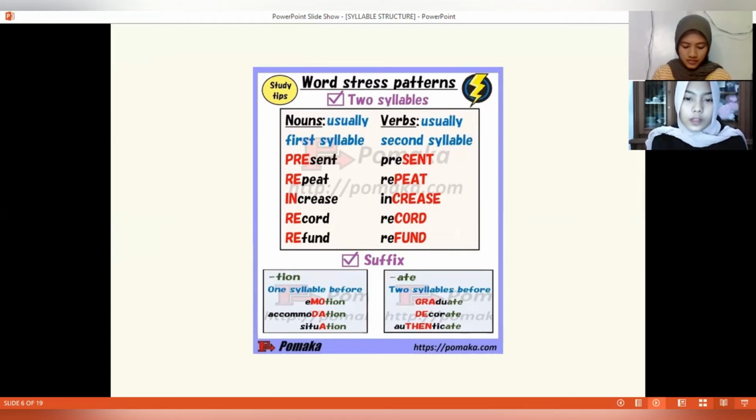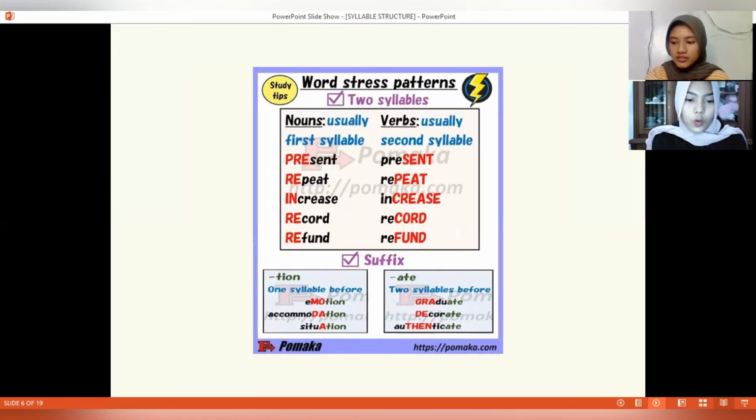Verbs usually have stress on the second syllable, as in present. Repeat: re is the first syllable, and peat is the second syllable. Increase, in is the first syllable, and crease is the second syllable. Record, re is the first syllable, and cord is the second syllable. Refund, re is the first syllable, and fund is the second syllable.